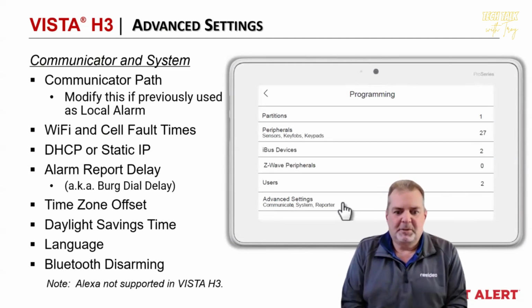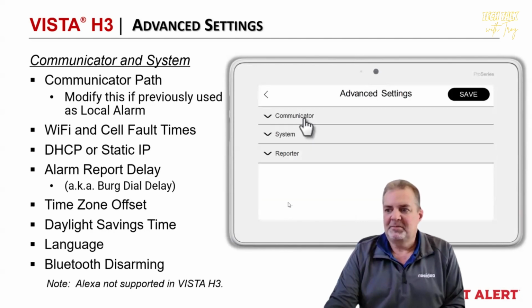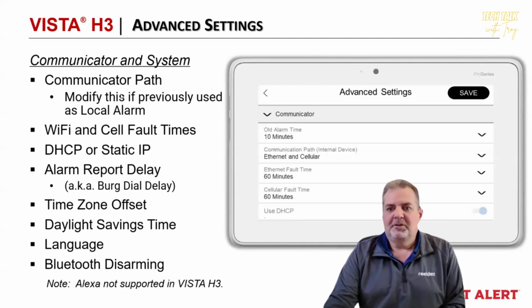All right, going into advanced settings to talk about the communicator and system settings. We go into advanced settings and we can tap communicator. Here you'll see you've got the communicator path, the Wi-Fi and cell fault times, or Ethernet fault time if you're using Ethernet, DHCP or static IP address options, and alarm report delay, which is your burglary dialer delay.